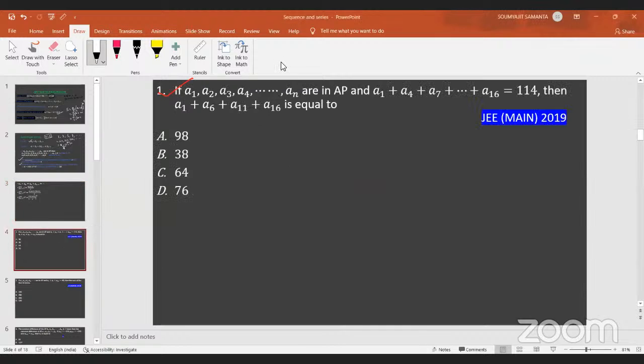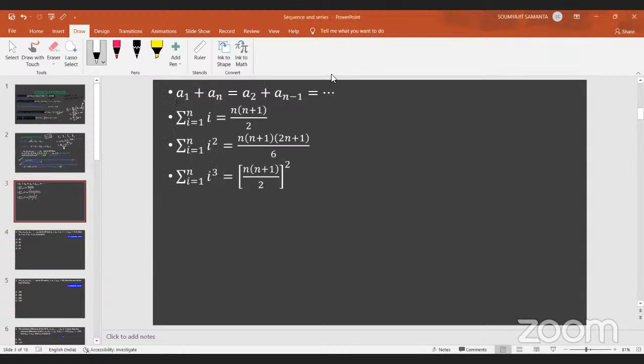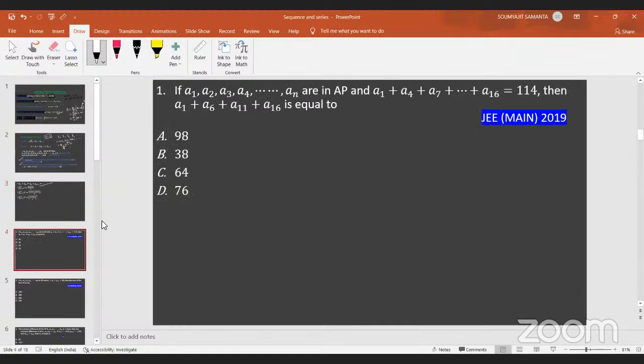See, using the point I have just taught you, they asked a question in 2019. Recently, they have asked. The question is very easy if you remember this point. You can try to solve it on your own.